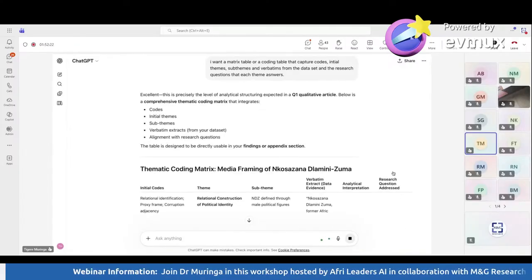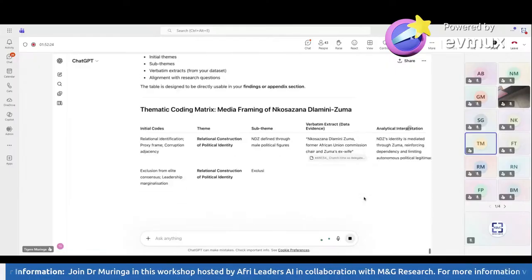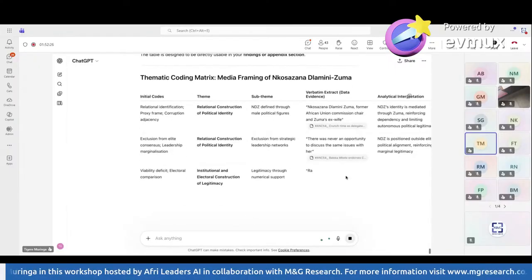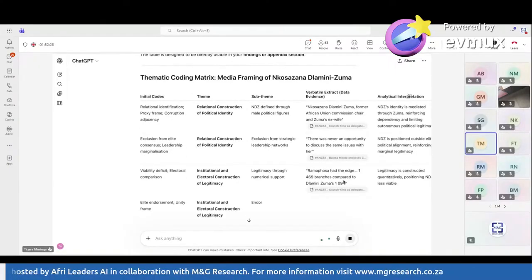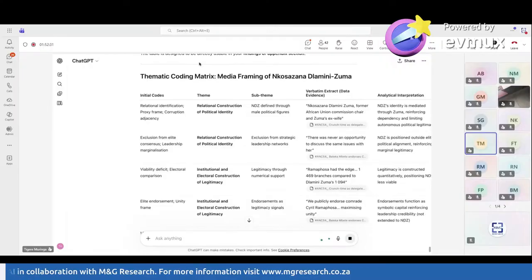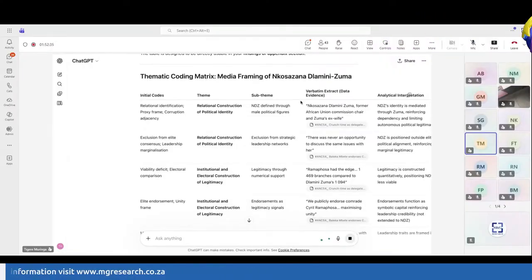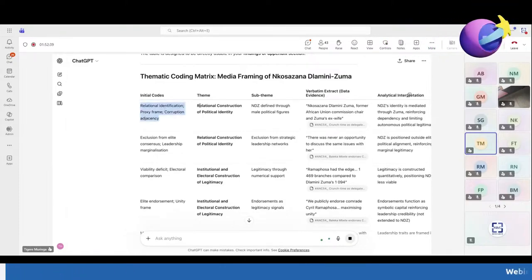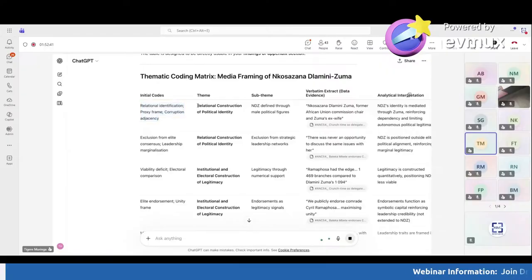Right, so now this is basically a summary of everything that the thematic analysis process has produced, right? So here is the thematic coding matrix, media framing of Nkosazana Dlamini Zuma, right? So these are my initial codes. And we've converted these codes to these themes, right? It's one theme, relational construction of political identity.